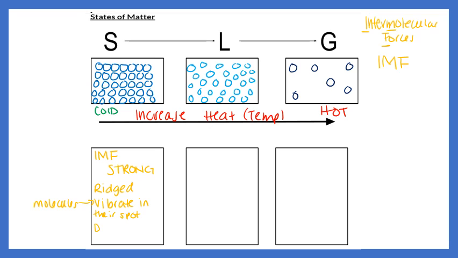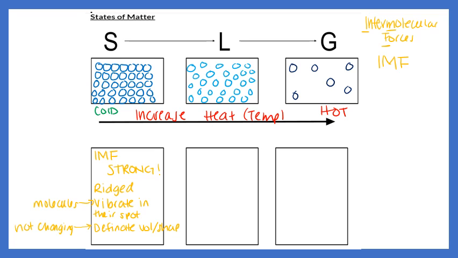They have a definite volume and shape, meaning definite means like it's not going to change. So not changing shape. All right, so they have a strong IMF, the strongest. They are rigid. The molecules vibrate in their spot, and solids have a definite volume and shape.